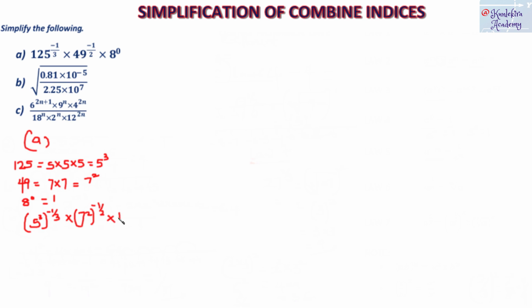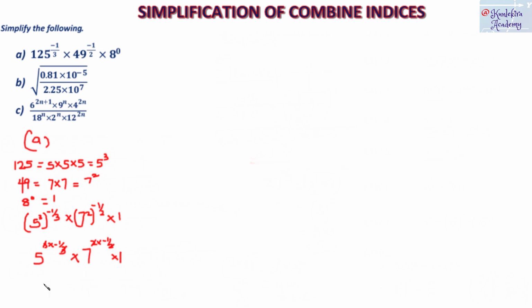Which is 1. Then open the bracket. You have 3 times minus 1 over 3, then times 7 raised to power 2 times minus 1 over 2, then times 1. Now, from here, we cancel the 3, then we cancel the 2. Then what will happen?